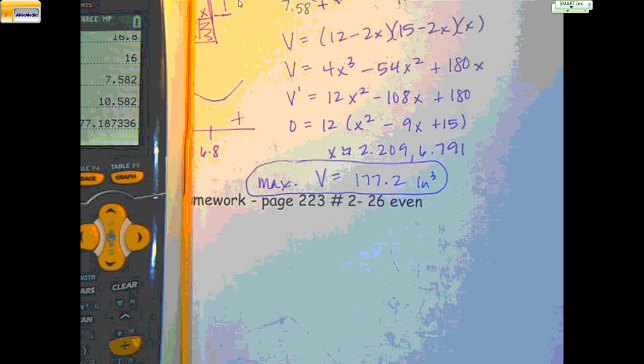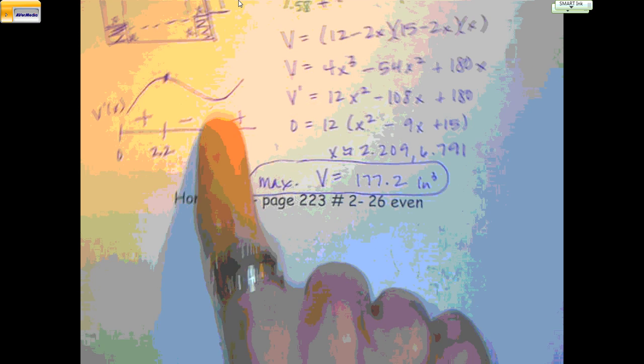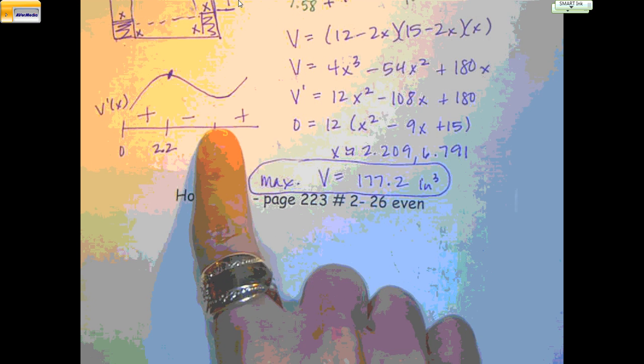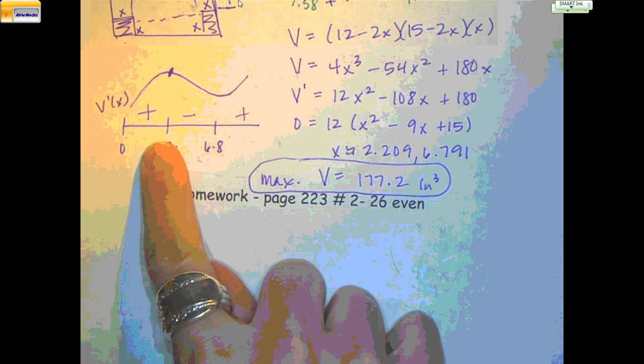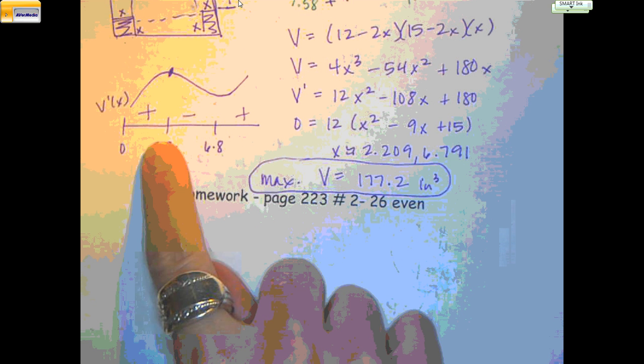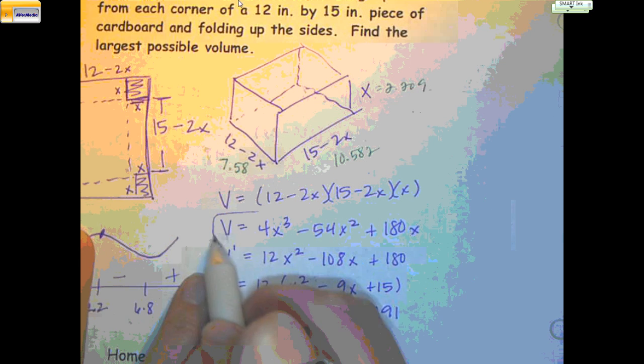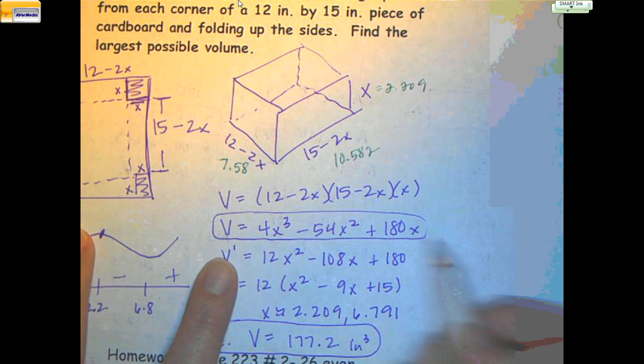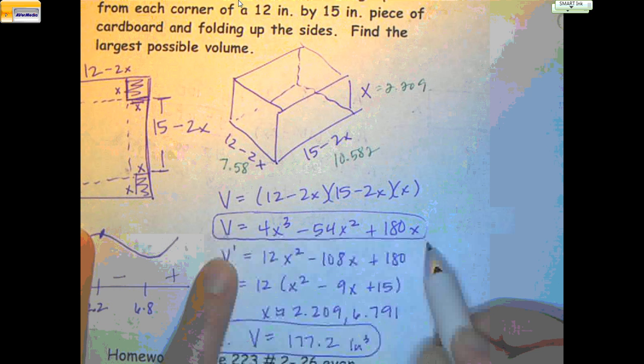Question? Because that's where it's a local minimum. We're looking for the local maximum. Well, okay, so let's say you don't have a calculator to graph this to be able to look at where your maximum is.